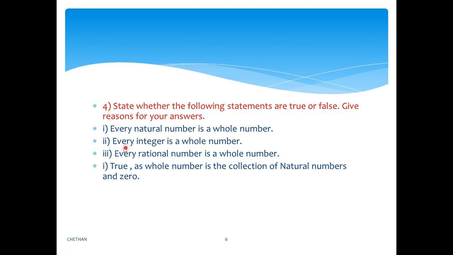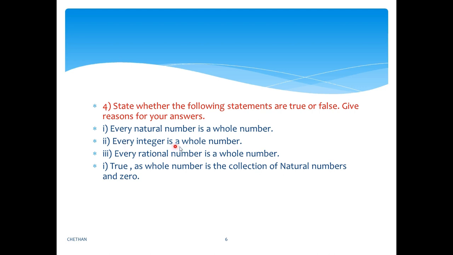Next, we are going to do the second question. Every integer is a whole number, they are saying. Is that right? No, because in the integer group we are having negative numbers also, but in the whole number group we are having only positive numbers and 0.